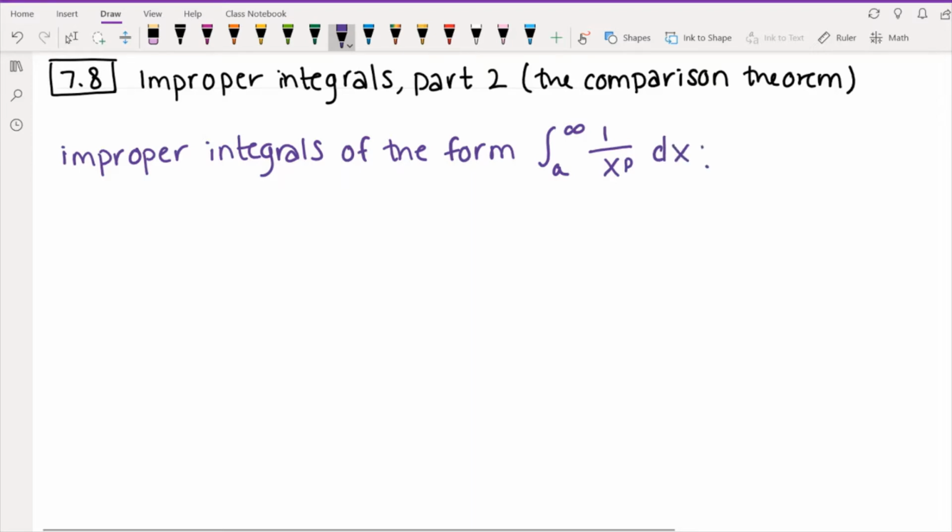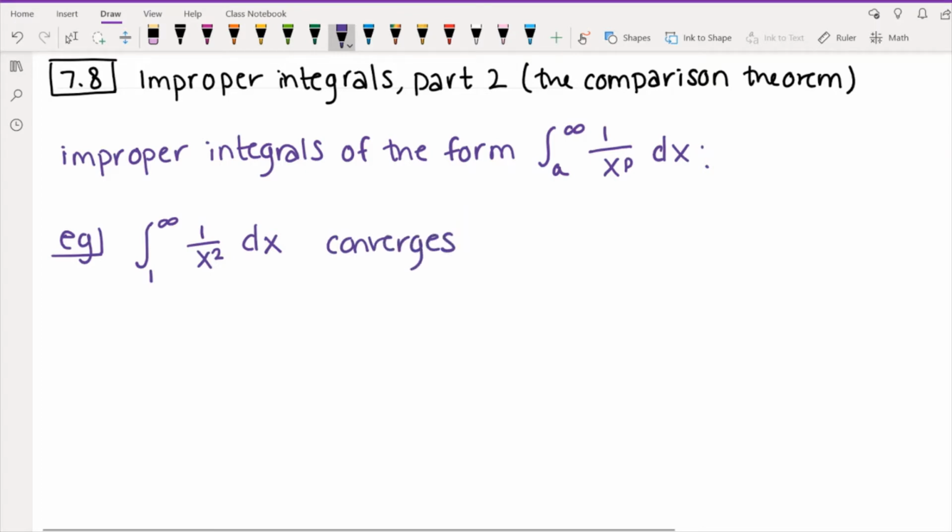So what I want to talk about here is basically, depending on what that exponent is, does this integral converge or diverge? So there's a few that we already have seen, right? So in the previous video, we saw that the integral from 1 to infinity of 1 over x squared converges.